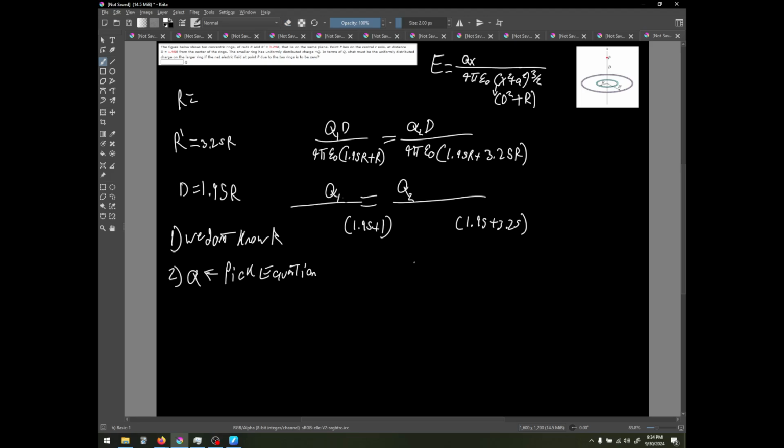Which means now we have Q1 times, I don't know, let's do this, it's mathematics, 1.95 plus 3.25. Q1 times 5.2 equals 1.95 plus 1 equals Q2. 2.95.